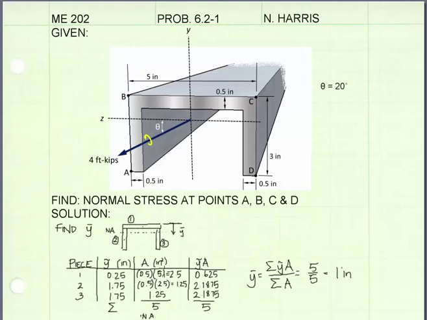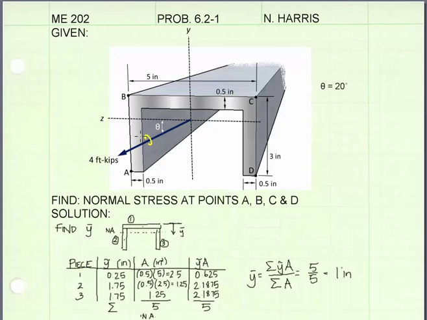The next step is to find the components of our unsymmetric moment about the z and y axes. Now we're going to use this angle here, theta, and because theta is going counterclockwise from the positive z-axis, that's going to put a negative sign on our theta.